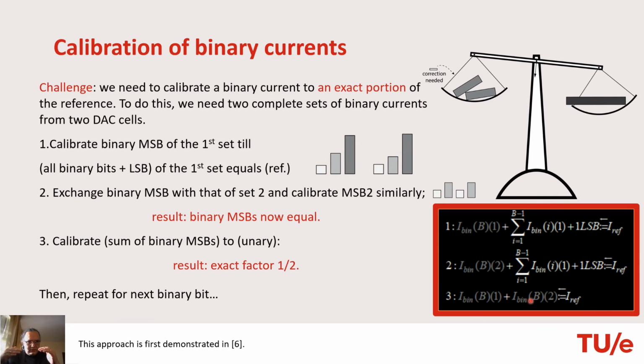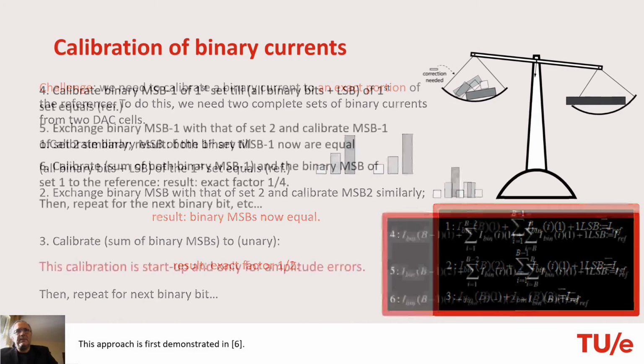If you change it simultaneously, you still keep both currents the same, but you change only their sum. And when their sum becomes equal to the reference, then each of them is equal to exactly half of the reference.